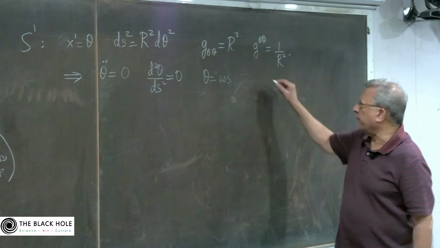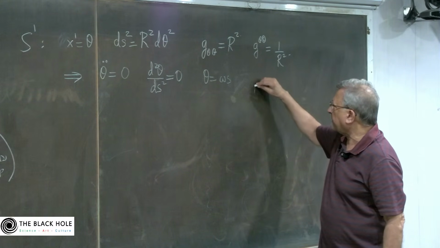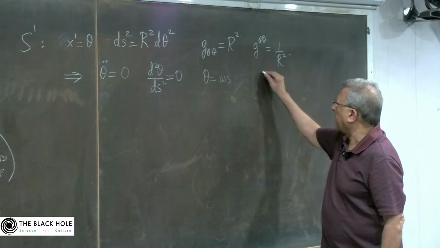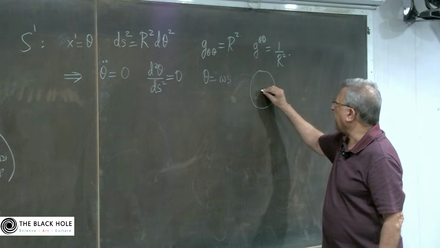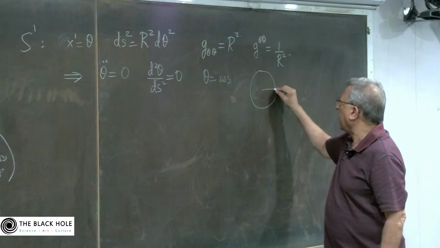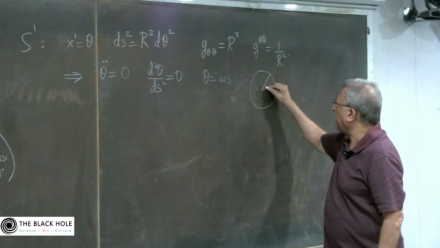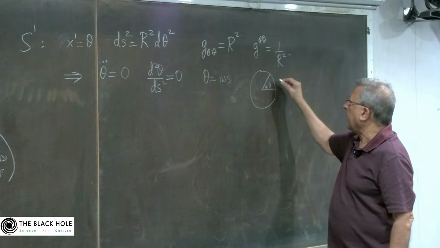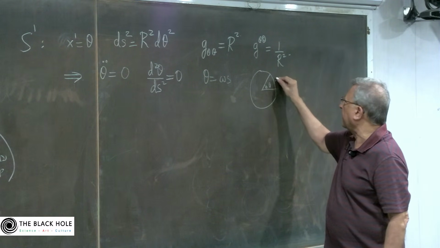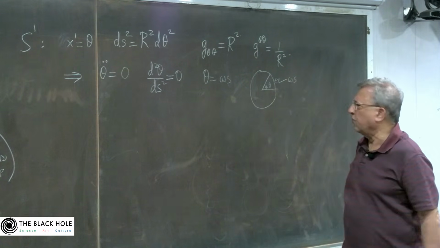So geometrically what this corresponds to is that if you're on S1, then as you go from here to here, so theta increases from 0 up till here, then this length over here is omega s.